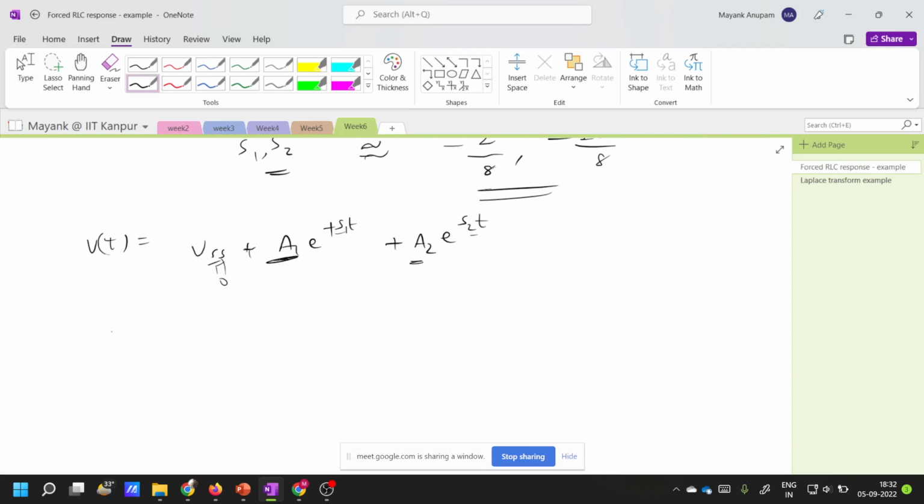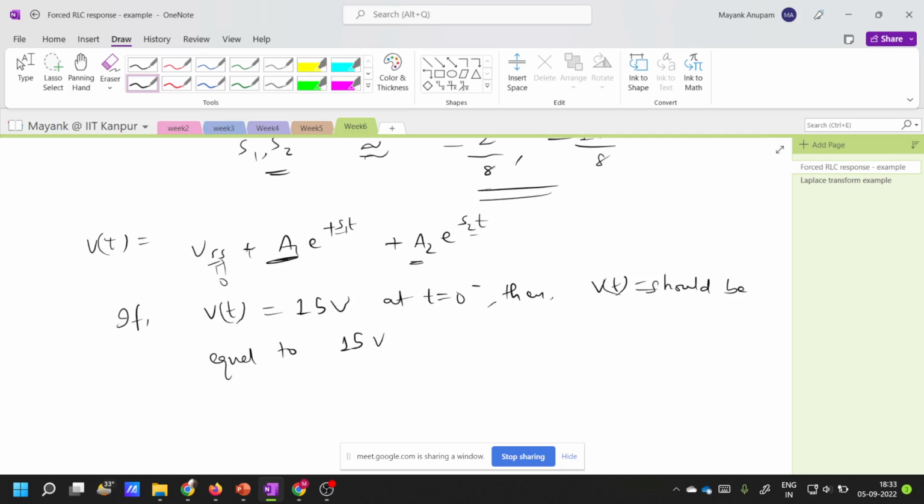So if V of t is equal to 15 volts at t is equal to 0 minus, then V of t should be equal to 15 volts at t is equal to 0 plus, right?